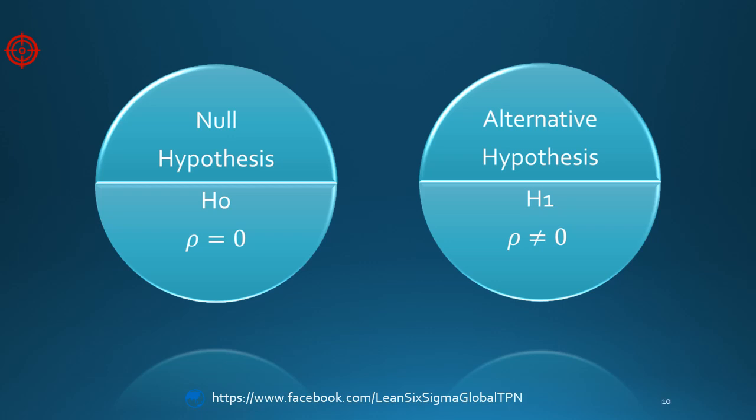For the data collected at ABC, the null hypothesis states that the correlation between mileage and sales price equals 0. The alternative hypothesis states that the correlation between mileage and sales price does not equal 0.